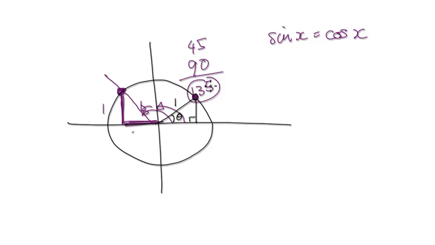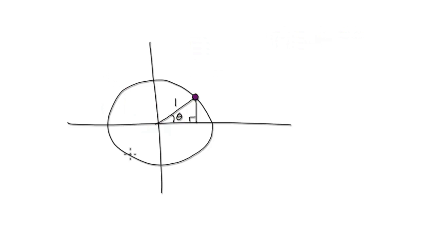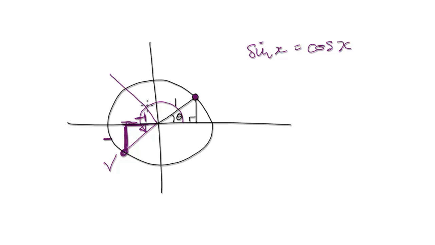So 135 won't satisfy this. The other place will be at this place here, because when it's at this angle, you can see that the length is negative, and cos of that length will always be negative. So here it would satisfy the equation sine x equals cos x. Over here it won't, because here the sine is positive and here cos is negative.